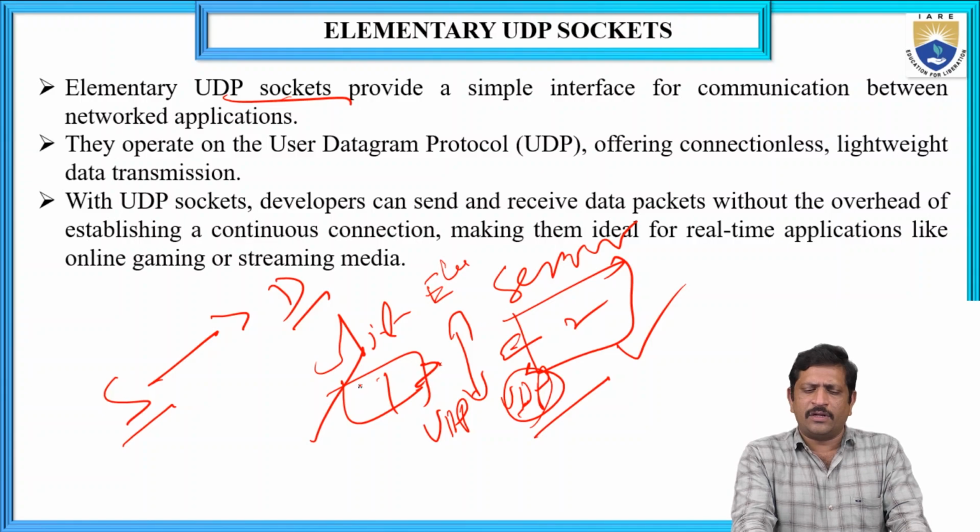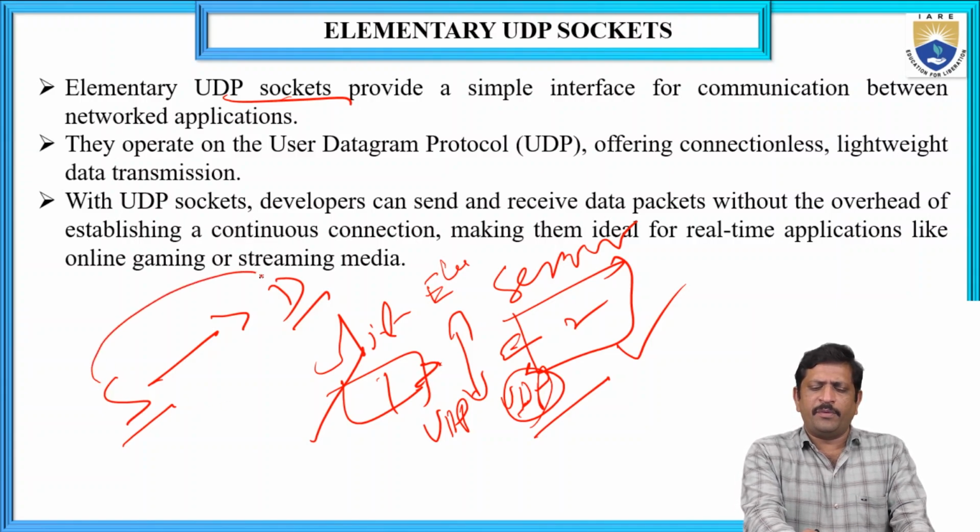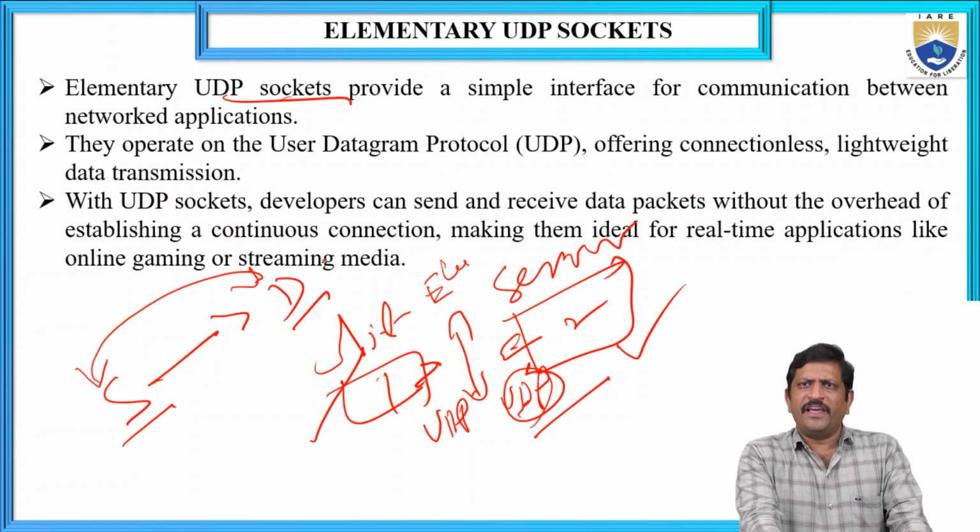With connectionless service we can transfer information from source to destination and reply from destination to source. This is lightweight data transmission, meaning data is transmitted effectively within a limited amount of time.